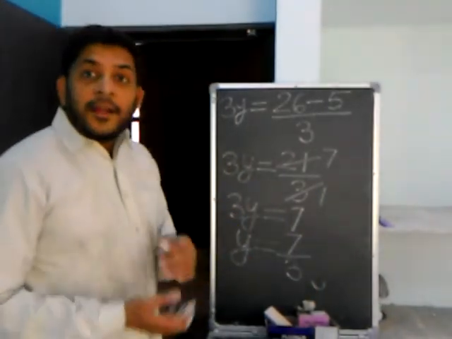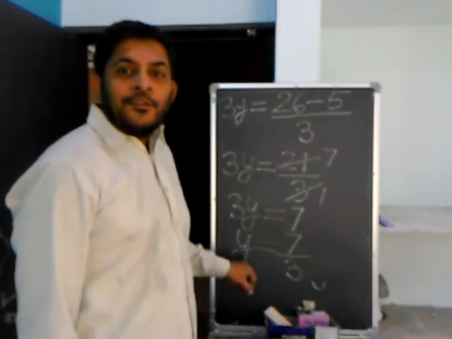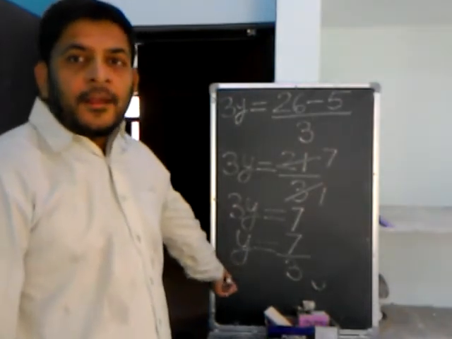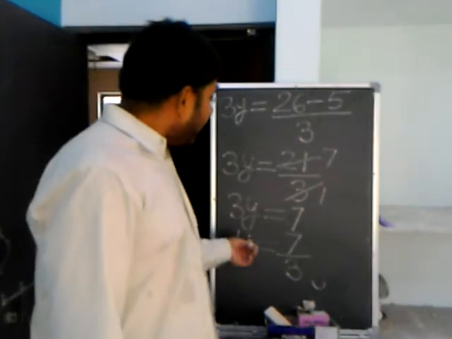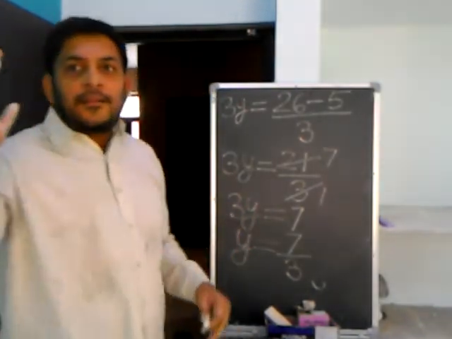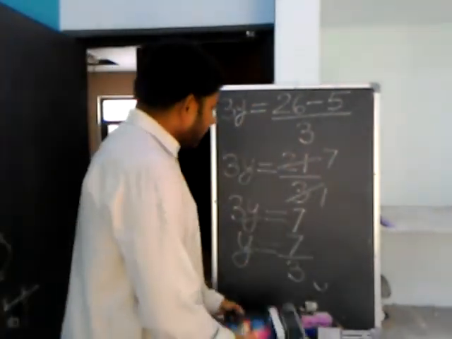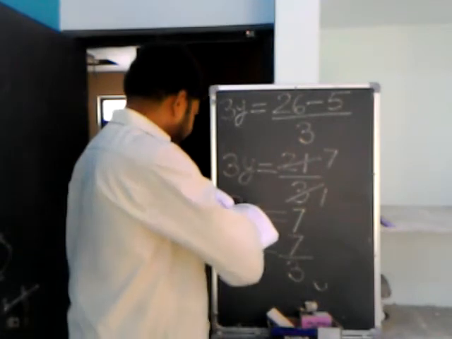And why did I do so? Because to solve the question, I need to find the value of this variable, and to do that, I need to keep just this variable on the left hand side. So this is how we solve this question. Let us move to the next one.